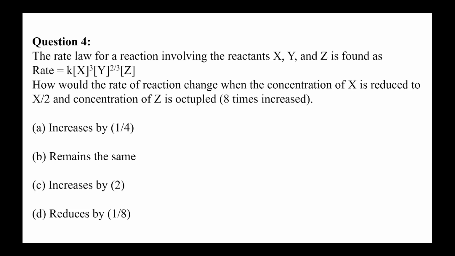How would the rate of the reaction change when the concentration of X is reduced to X by 2 and concentration of Z is octupled, that is 8 times increase? So the concentration of X is becoming half and the concentration of Z is now becoming 8 into Z. So what would be the change in the rate?